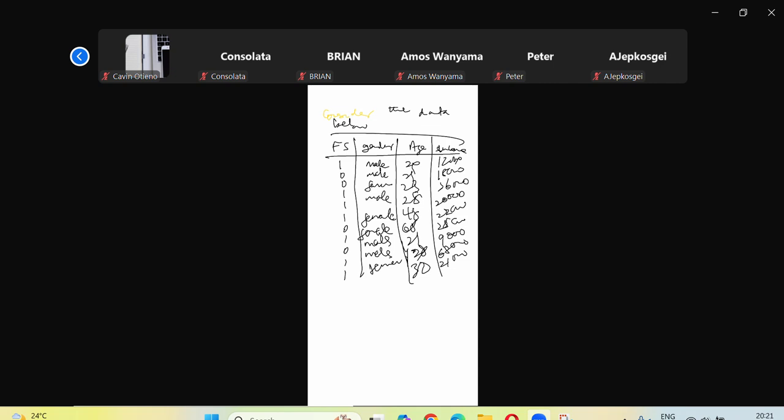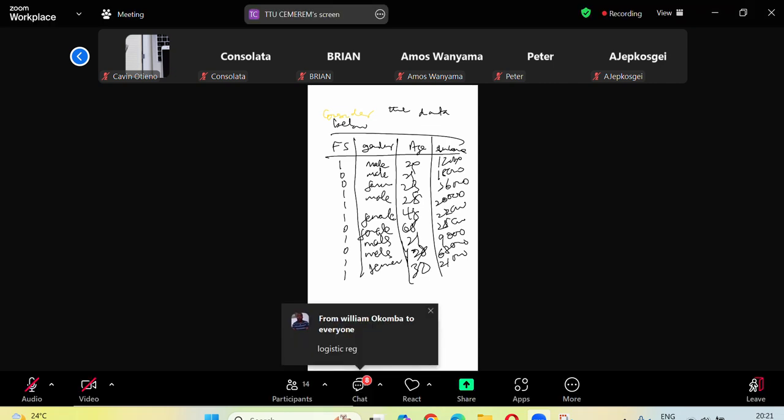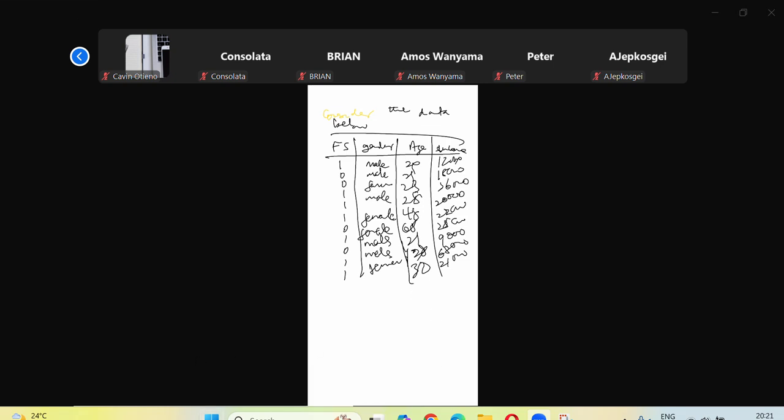Remember, so far we've discussed four regression models: the simple linear regression model, multiple linear regression model, logistic regression model, and Poisson regression model. So which model can we use to assess whether income, age, and gender influence food security?